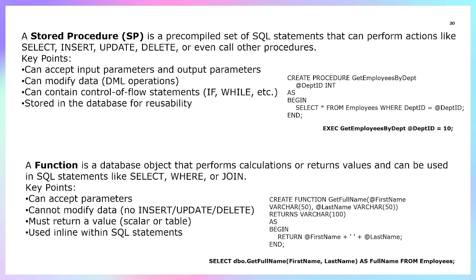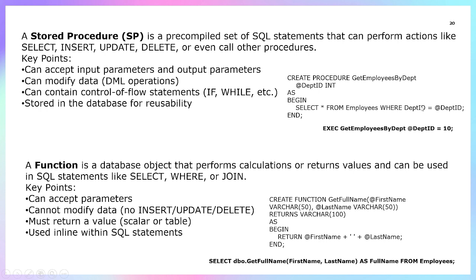It can't perform such statements. You must return a value. In the function, the value must be returned, either a scalar value or a table value. It uses inline SQL statements.